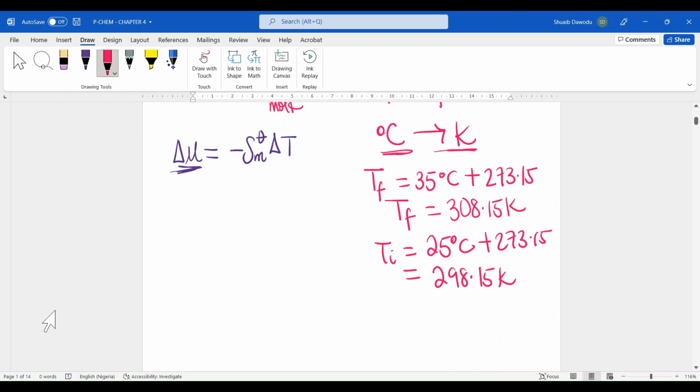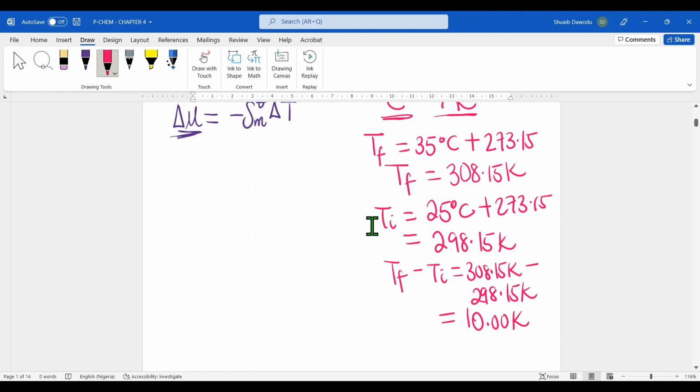So T final minus T initial would be 308.15 Kelvin minus 298.15 Kelvin. When you do this, you end up with 10.00 Kelvin. So this is basically the change in temperature.